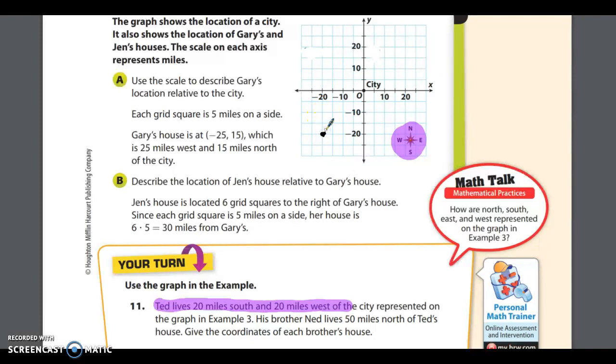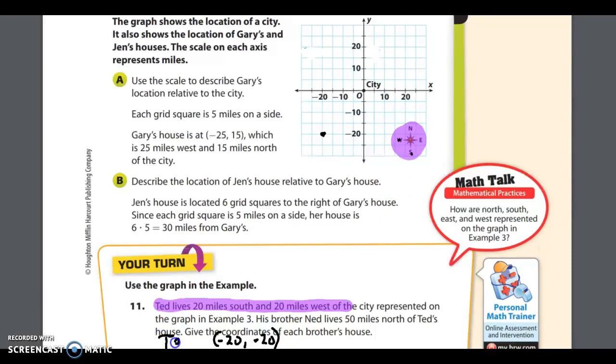It says give the coordinates of each brother's house. The coordinates of Ted's house will be negative 20, comma negative 20. Now if you're wondering why they're both negative, it's because west is to the left and south is down, so both mean negative. So it's negative 20, comma negative 20.